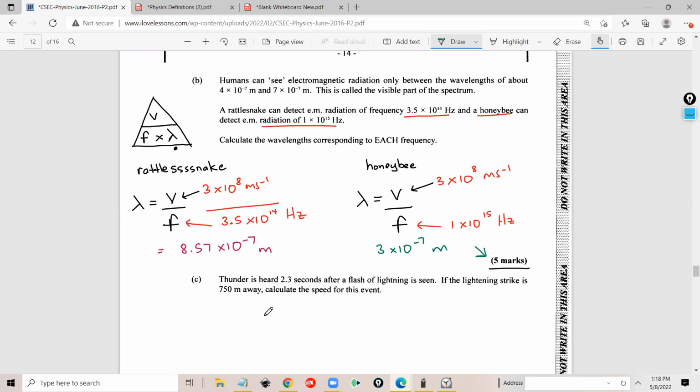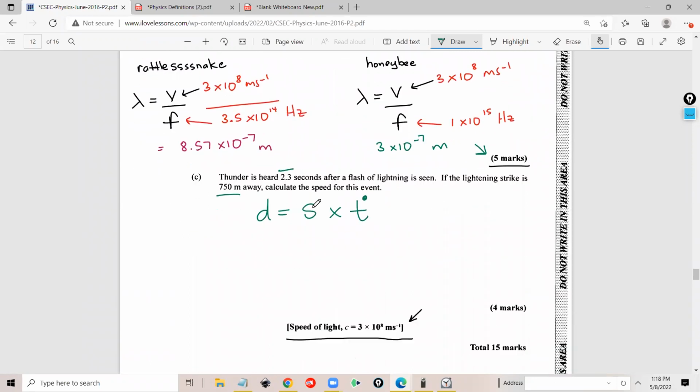Believe me, this is the formula you're using. Distance is speed multiplied by time. So if the thunder is heard 2.3 seconds after the flash, that means the time the sound takes to travel is 2.3 seconds.